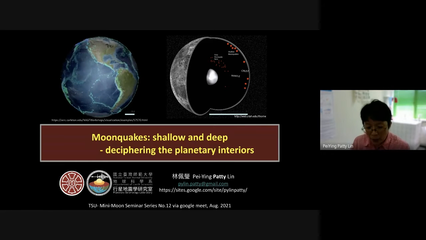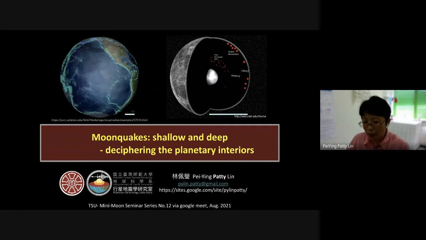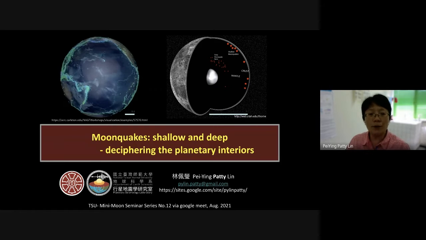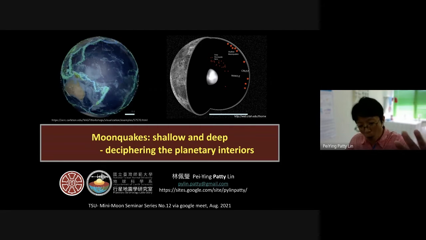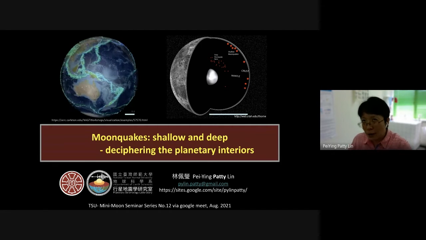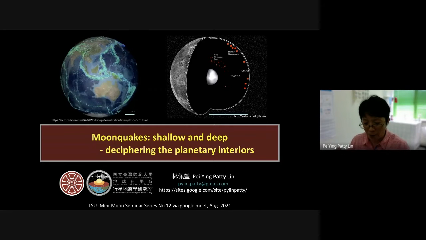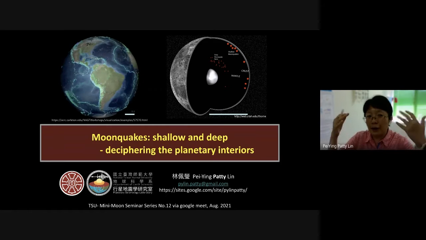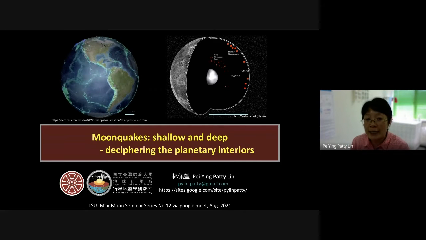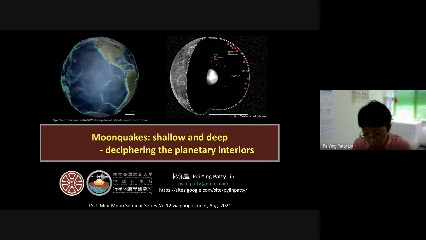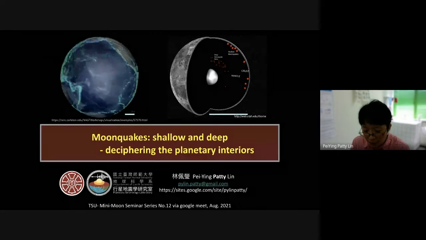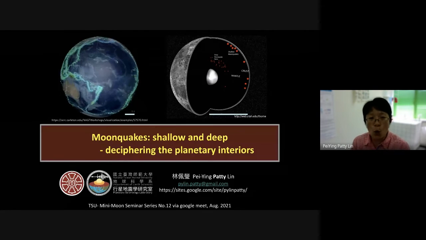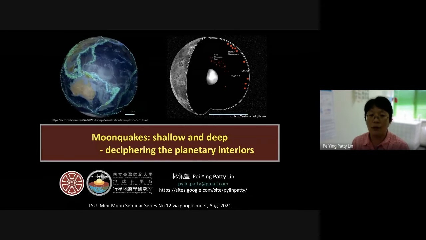The reason I was happy to know some of you care about planetary interiors is that most of us, most of the time, care about the surface or the things above the surface, because we can see it, we can touch it, we can observe it. But we really don't know what happens beneath the surface of the Earth or the Moon.